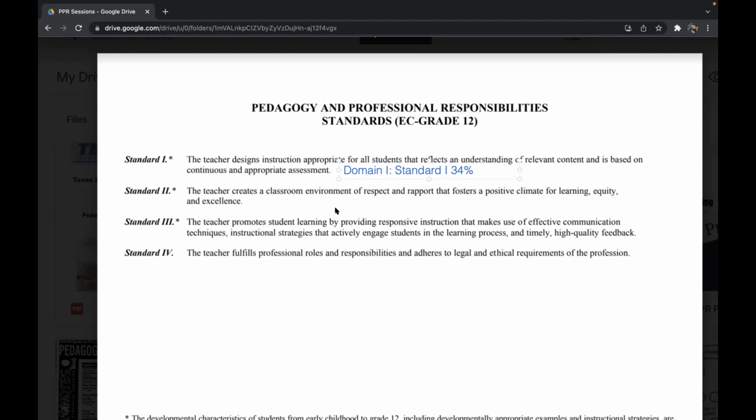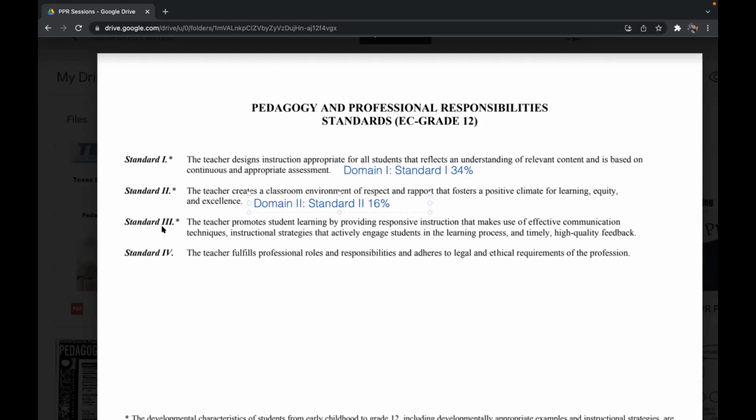Super, right? So domain 2 on the exam is only standard 2. Domain 2 is standard 2. And I want to say it's like 16%. I'm not sure. We'll go back and look at it, but it's something like that in the teens.